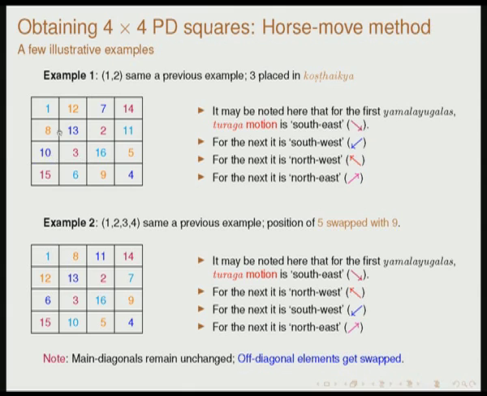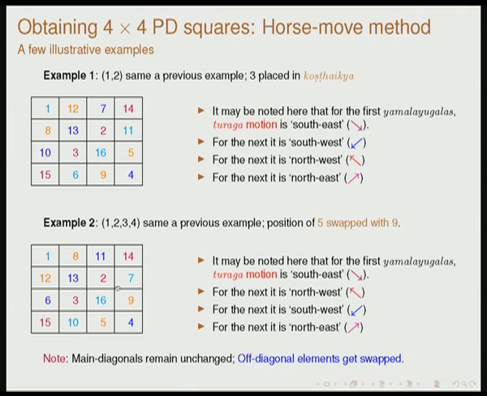For instance, in this example, if you see 1 and 2, 3 and 4, then 5, 6, 7 and 8. Similarly, the rest of the things get filled by moving in southeast, southwest, northwest and northeast direction. For instance, if you look at the last 4 numbers, 13, 14, 15, 16, they are all in the northeast direction, assuming this to be the north.